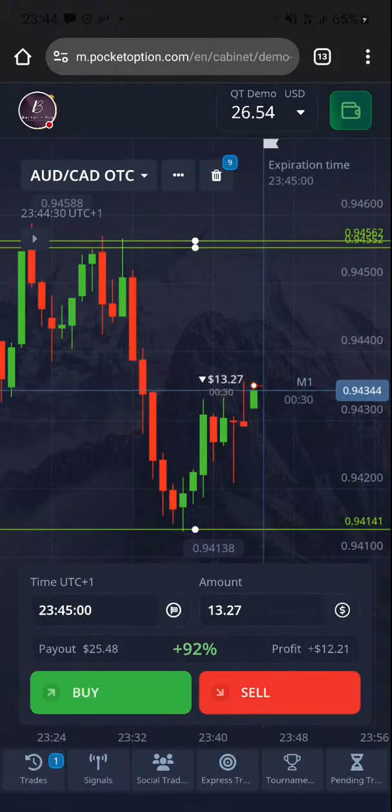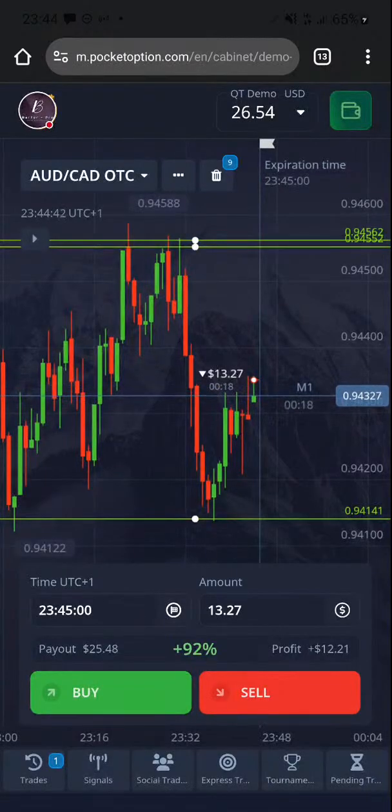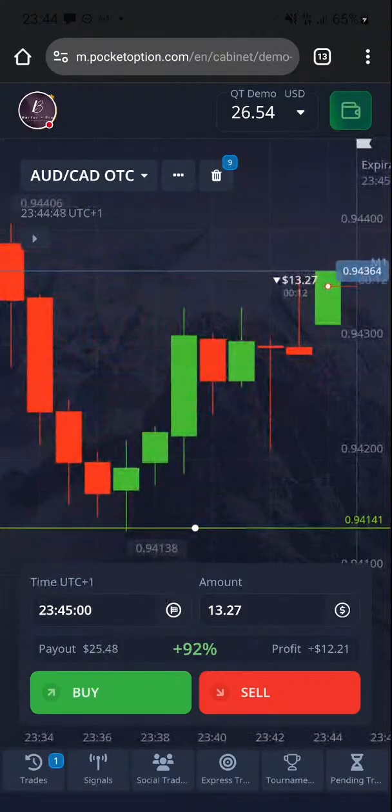Let's take this trade. The buyers are struggling. It's more likely that sellers would take over the market. The buyers keep struggling. So let's see.